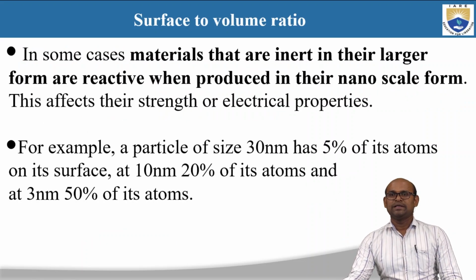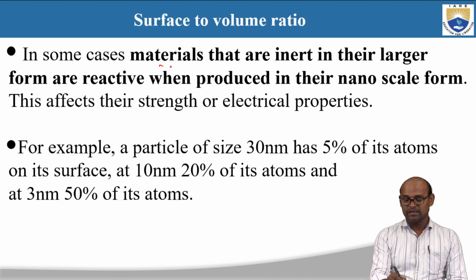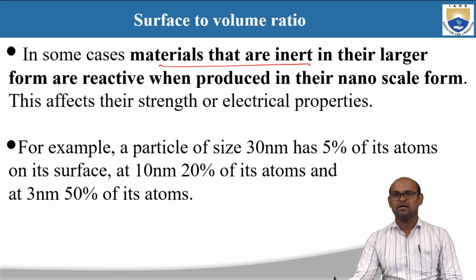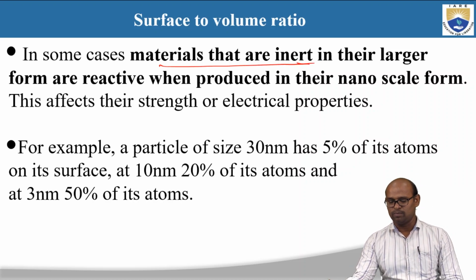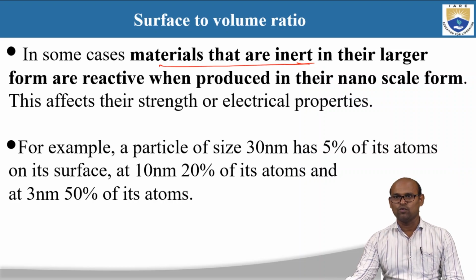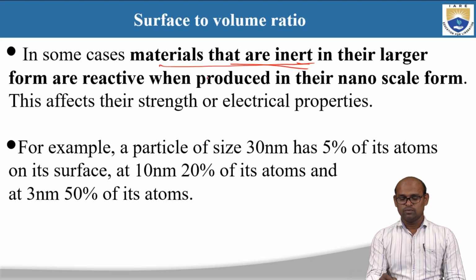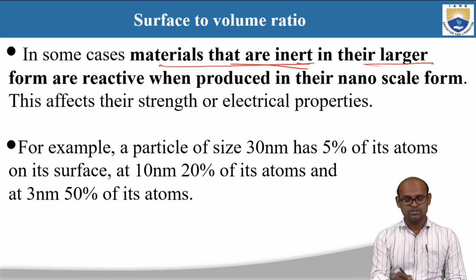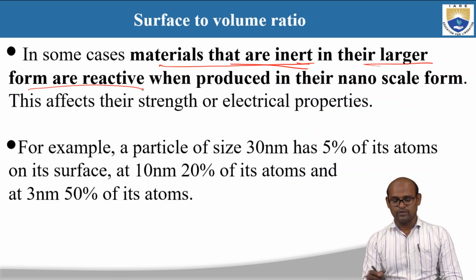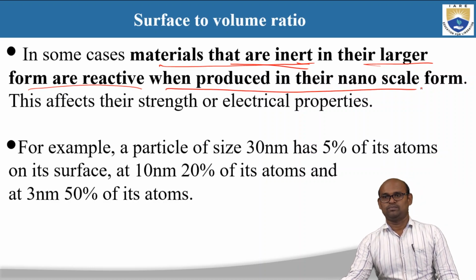In some cases, materials that are inert, which do not exhibit any property when we apply some external force or external field, are called inert. Materials that are inert in their larger form are reactive when produced in the nanoscale form.